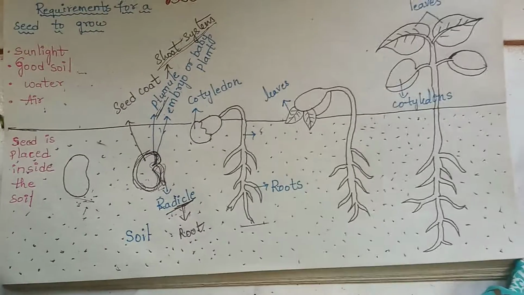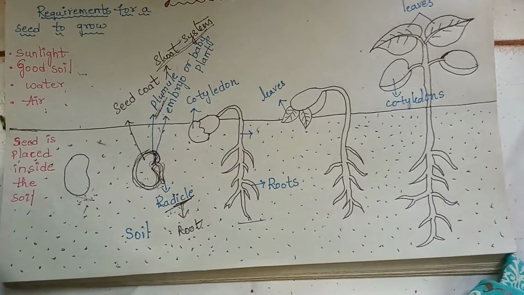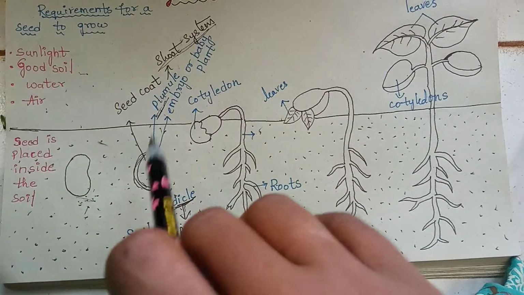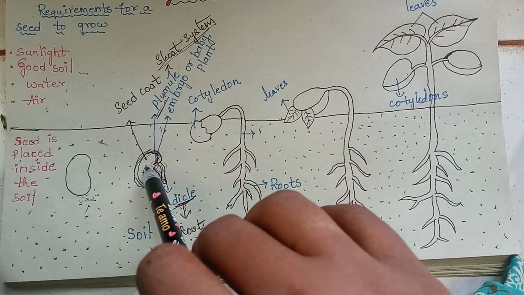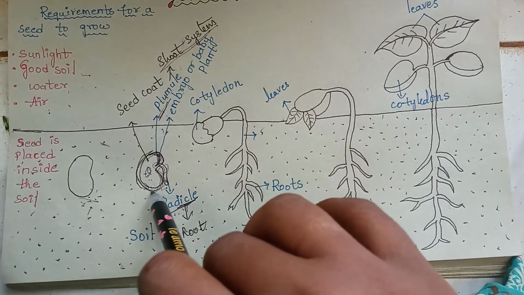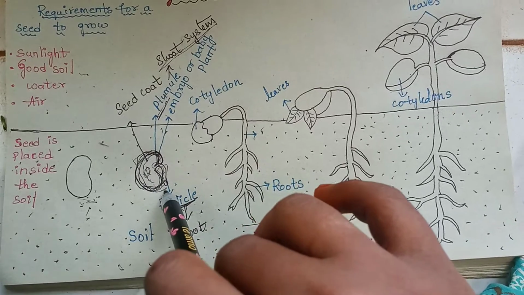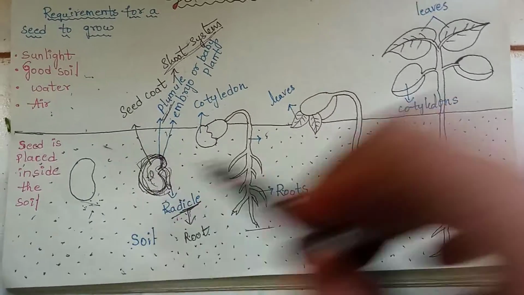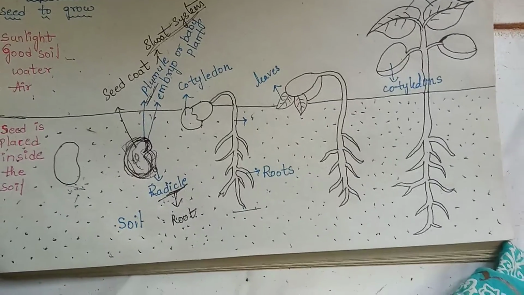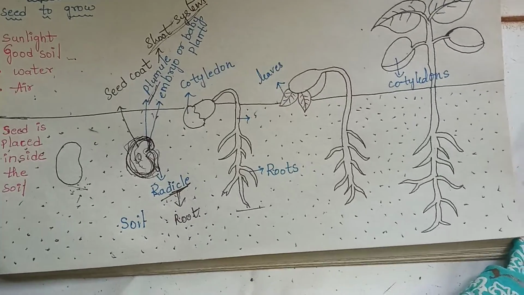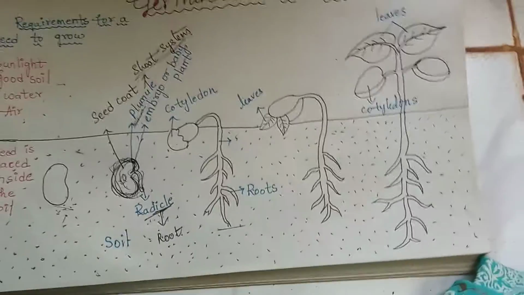Cotyledons are embryonic leaves that are also present here, and the seed is protected by the seed coat. What is the function of the seed coat? The seed coat will give protection for the seed in extreme conditions.